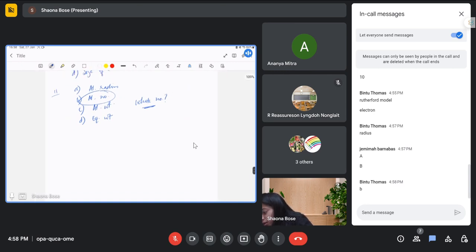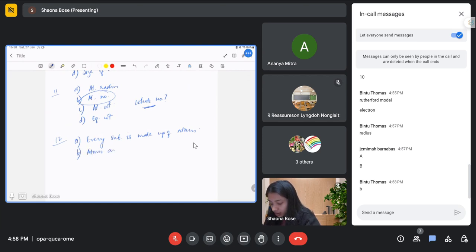And the last one, okay, time is almost up. Let's look for a good one. Suppose you have a few sentences. Every substance is made up of extremely small particles known as atoms.